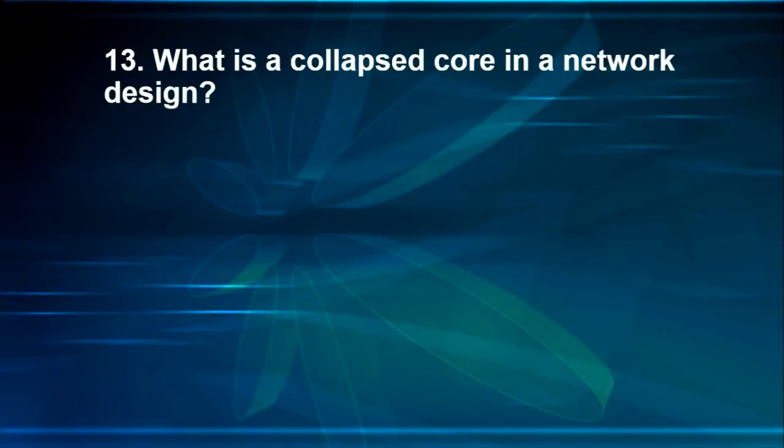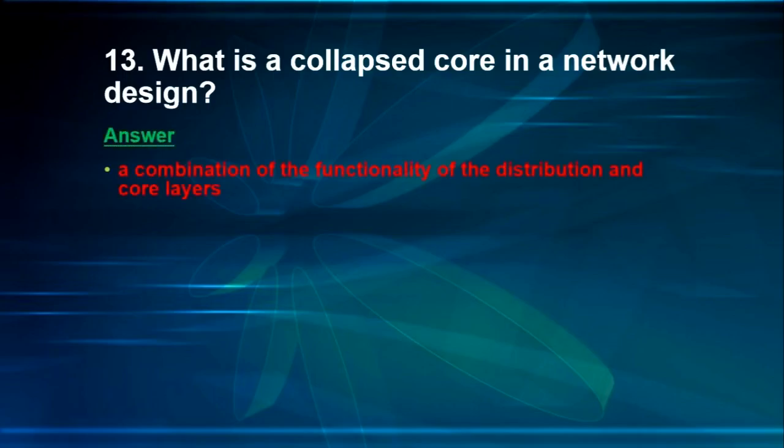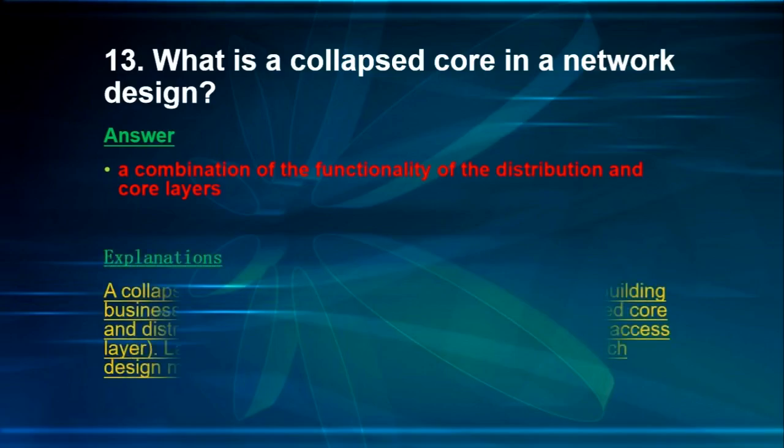Question 13. What is a collapsed core in the network design? The answer is a combination of the functionality of the distribution and the core layer. Explanation.